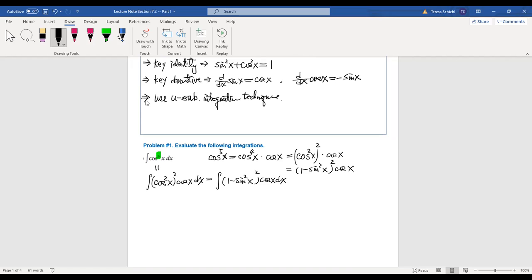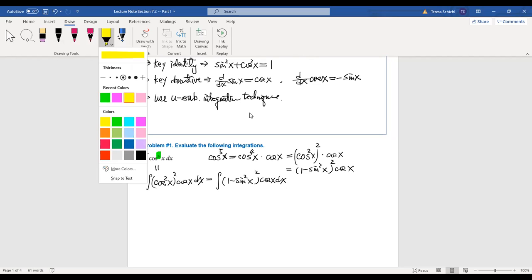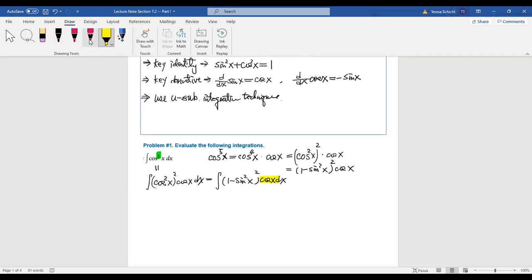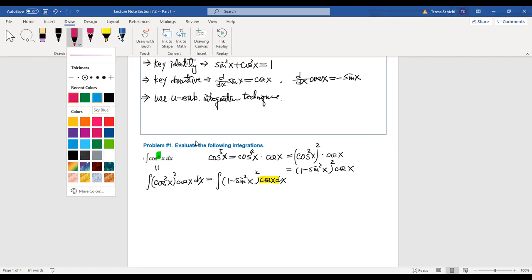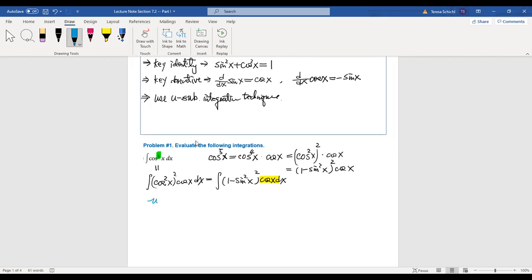So now I'm going to use U-sub and my key derivative formulas, right? So in here I have this cosine x here, right? So by my U-sub, I can say U is equal to sine x.